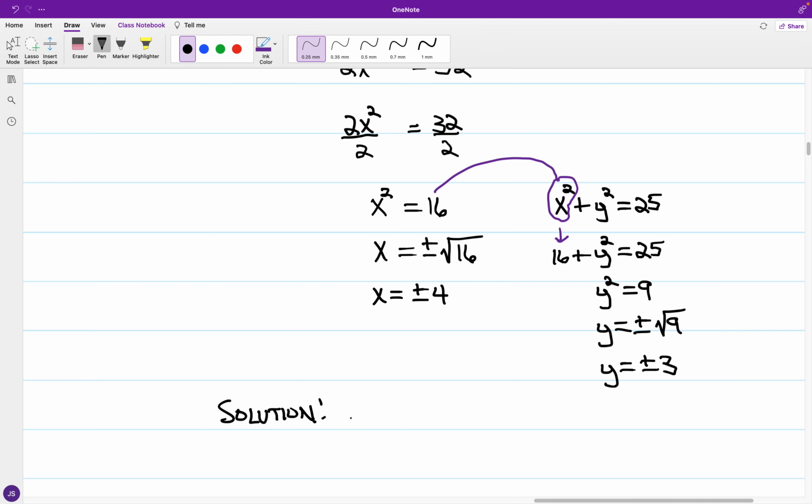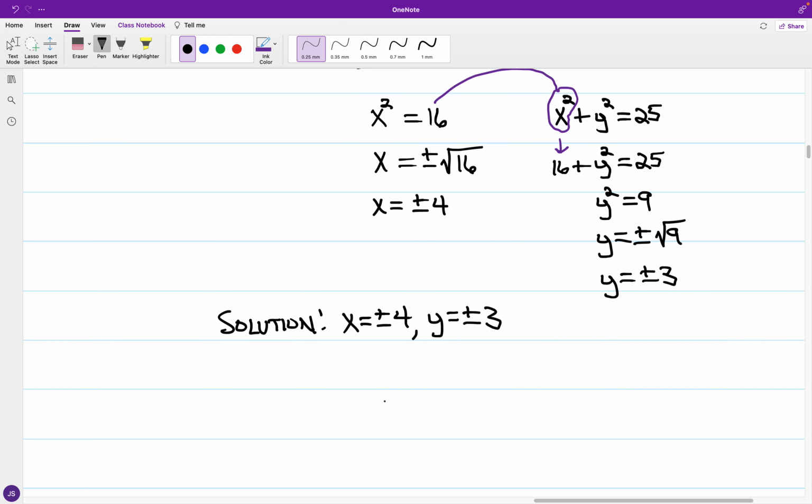So for the solutions, you have x is plus or minus 4, and y is plus and minus 3.